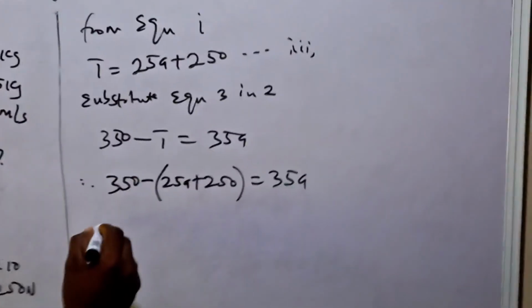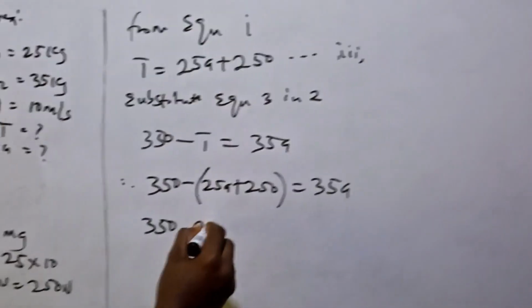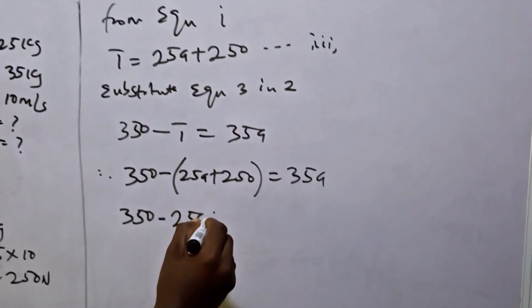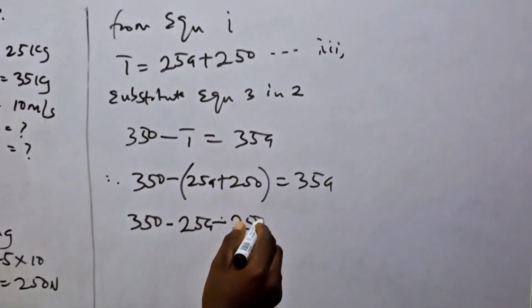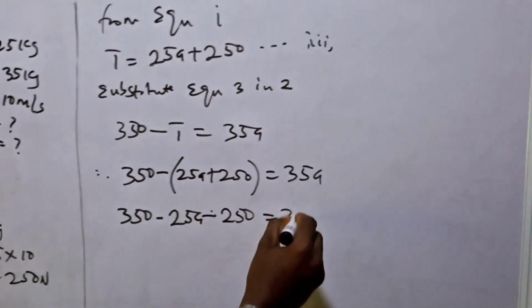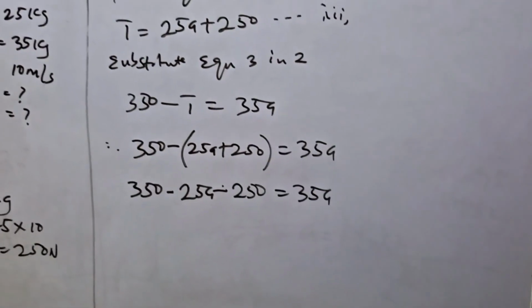Now we open the bracket. We have 350 minus 25a minus 250. Remember, we open the bracket. Plus 250 equals 35a. Now we collect like terms.